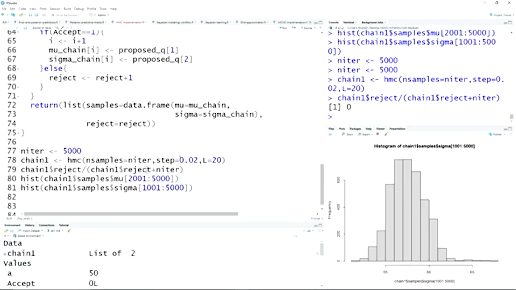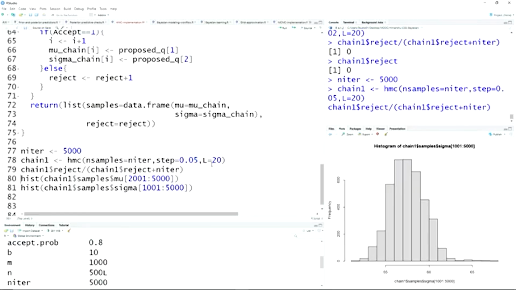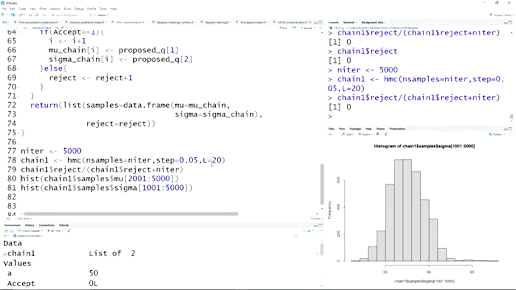Oh, why is it 0? See, the rejection rate is too low. It's 0. It's surprising. You're not rejecting any sample at all. What happens if I increase the step size? It's still 0.